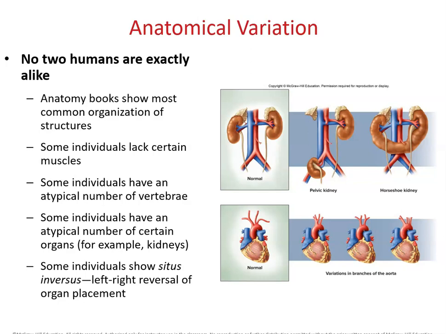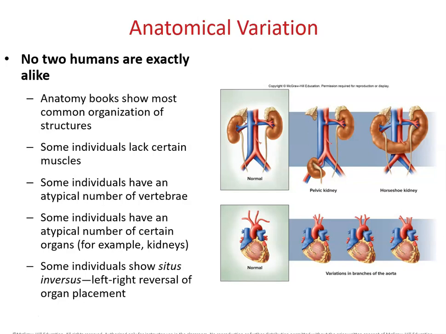Everybody knows that pain on the right side of the abdomen can often be an appendix or an appendix that is inflamed about to rupture. If a person presents with pain on the left side and doesn't know that they have this situs inversus, they could be misdiagnosed.